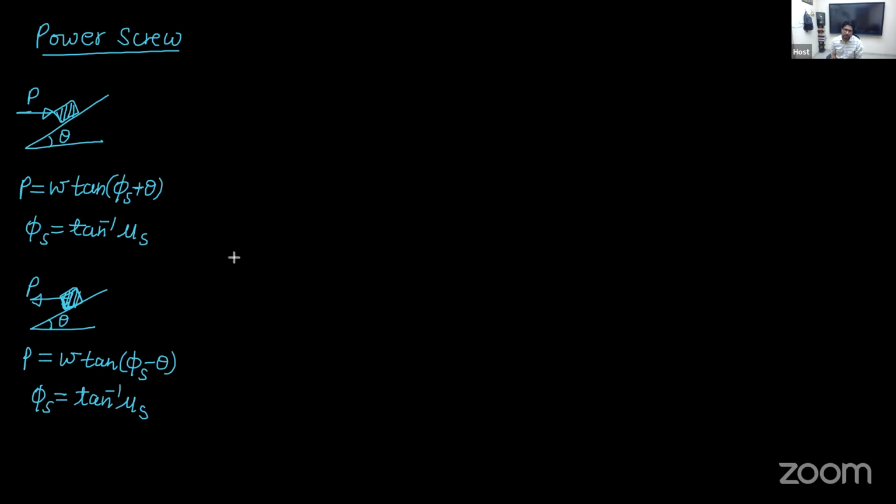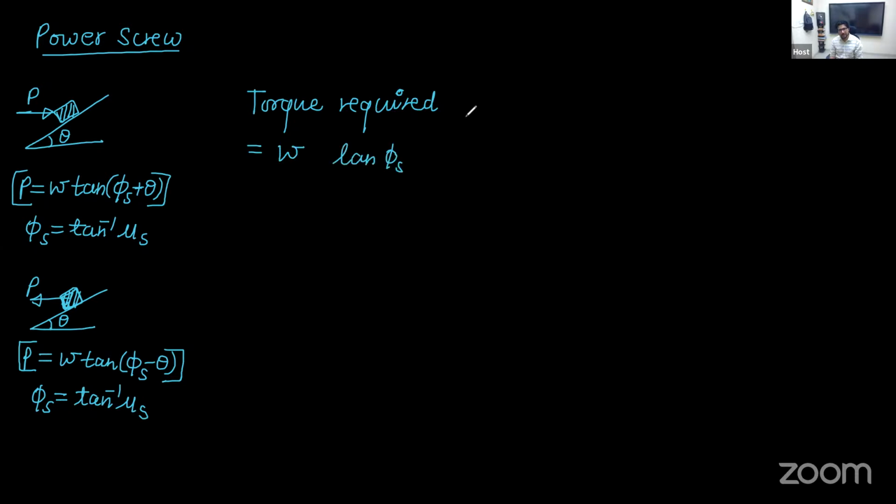Observation number 3: this same formula will be used in power screw. So the torque required at mean radius, to raise the load or lower the load, will become W tan(phi s plus theta) and W tan(phi s minus theta).